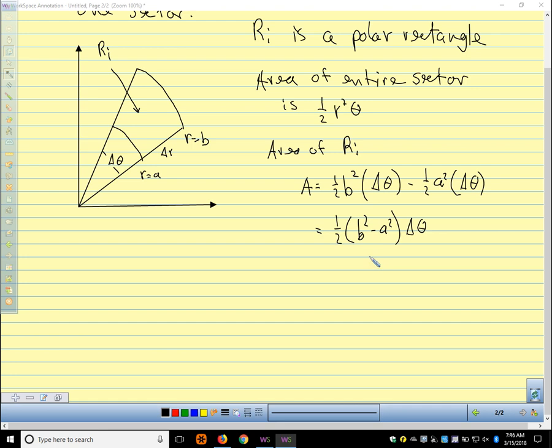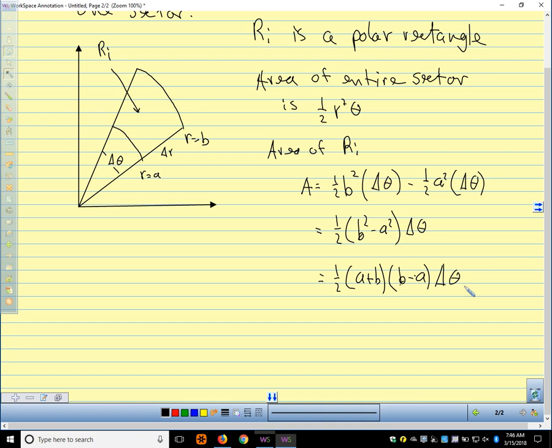And now I'm going to factor b squared minus a squared into 1/2 times a plus b times b minus a, delta theta. Well, what's another way that we can think of this 1/2 a plus b? What do you get when you add two things together and divide by 2? Average.